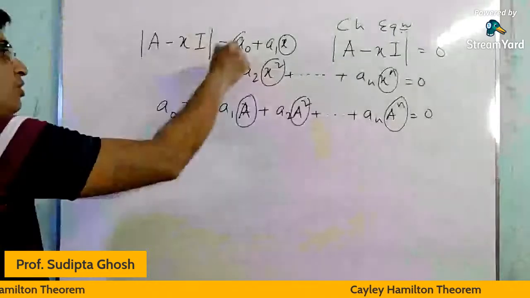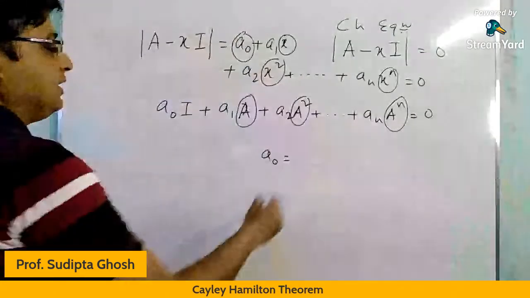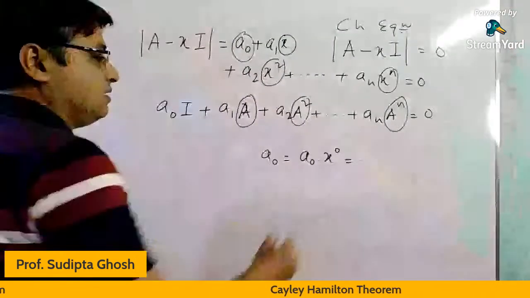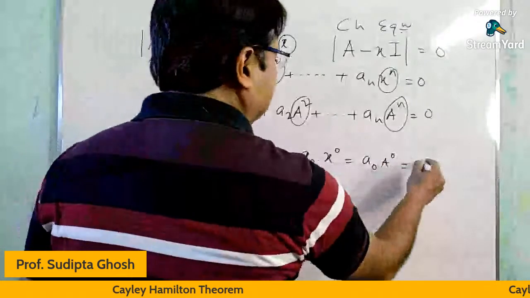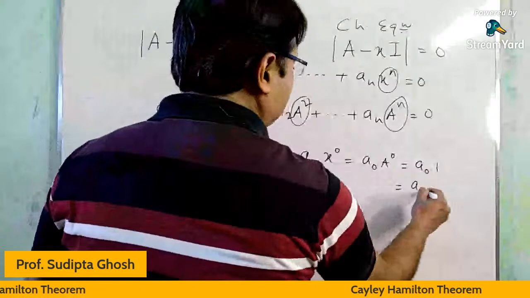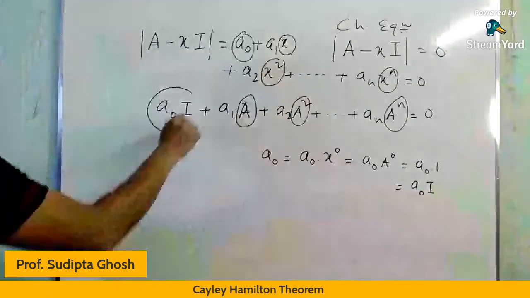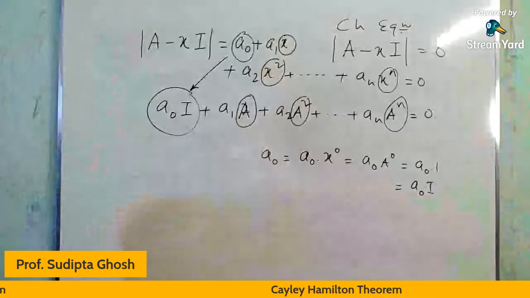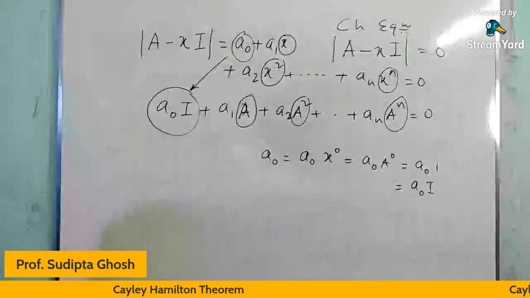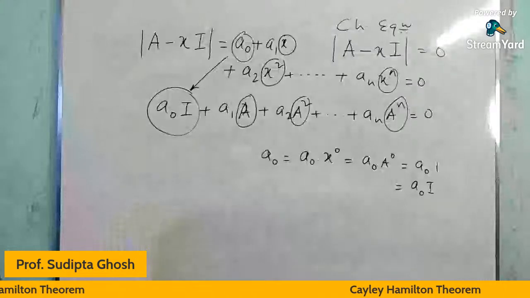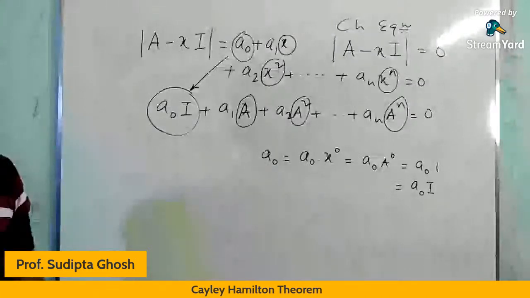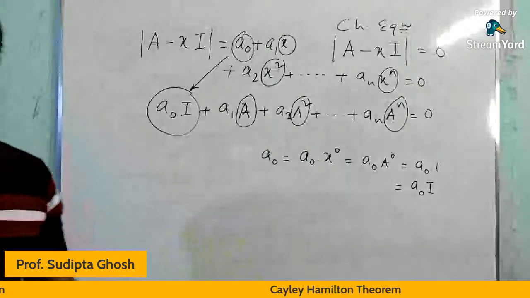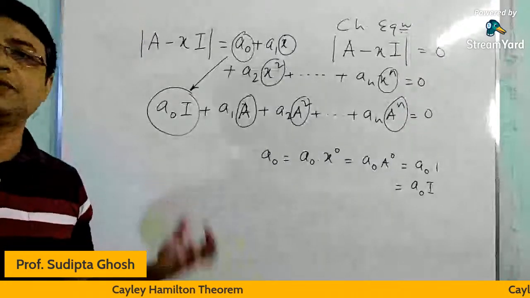And for A0, it can be written as A0 x to the power 0, then A0 into A to the power 0, that is A0 into 1, so it can be written as A0 I. This is the expression of the Cayley-Hamilton theorem.